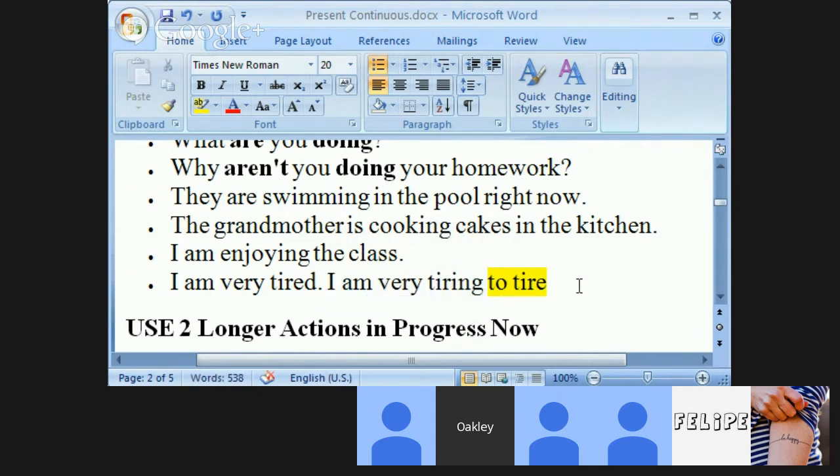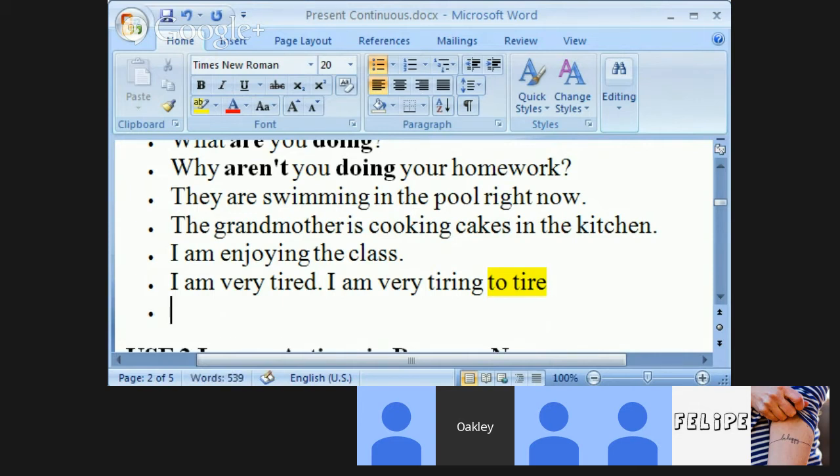Some verbs in English are called non-continuous verbs or stative verbs, or some are mixed verbs. For example, the verb to be. "My child is being naughty." Okay, I can do that. That's not a problem.